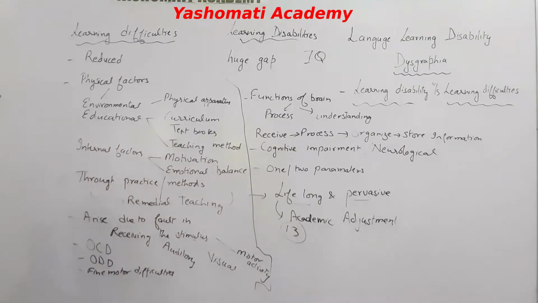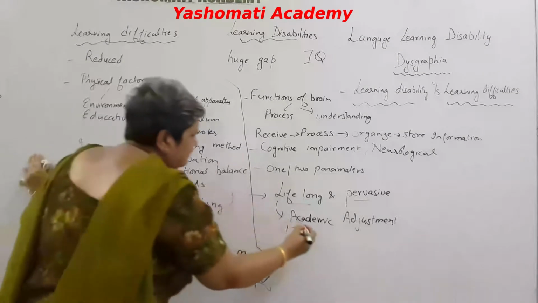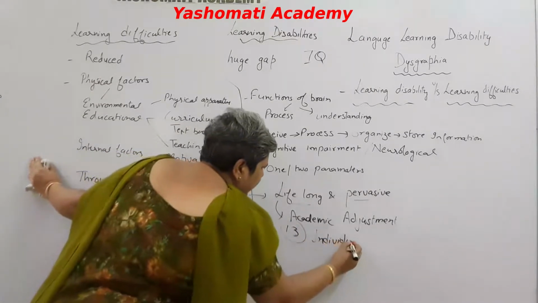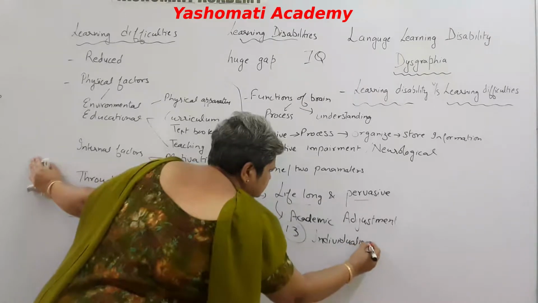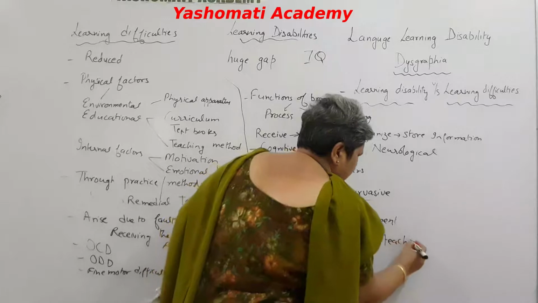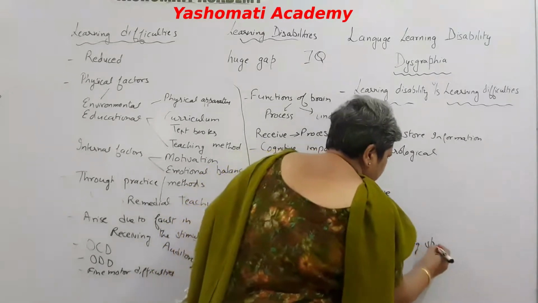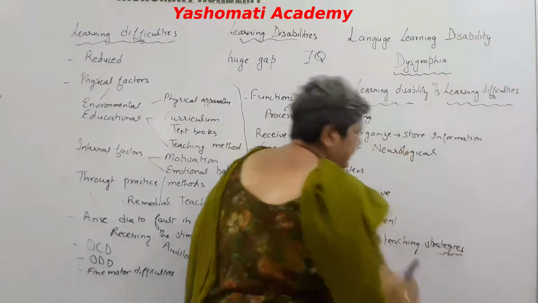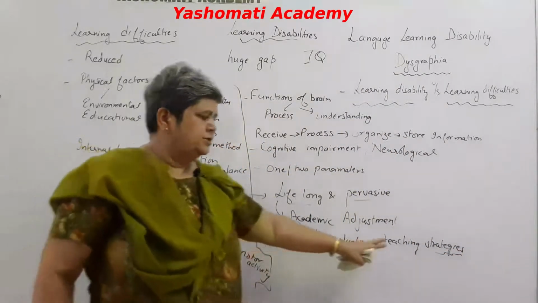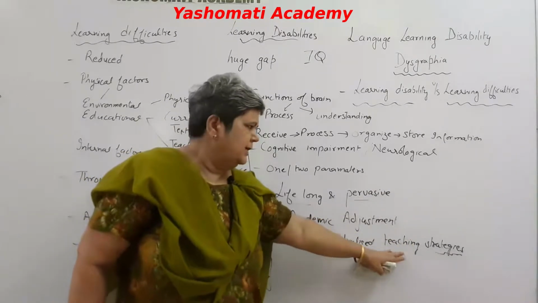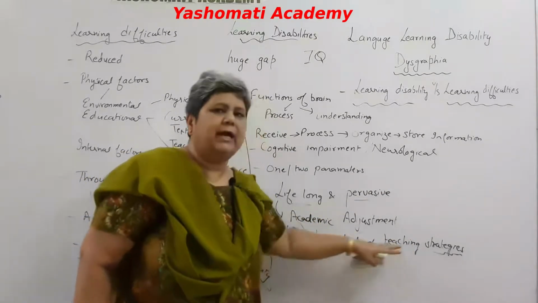How do the teachers absorb them? By giving them some individualized strategies. What does it mean? It means the teacher or the facilitator or the therapist will have to make an individualized strategy.